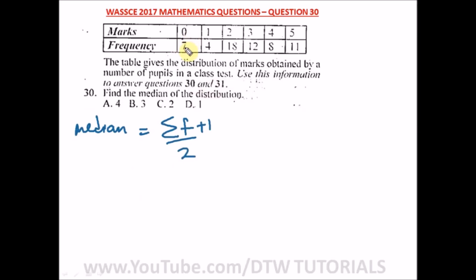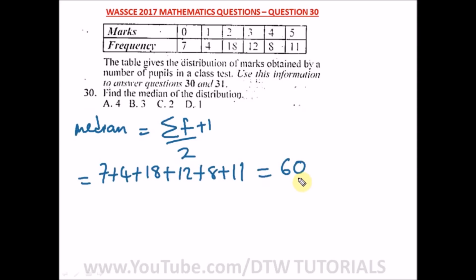All right, so let's add up our frequency. We have 7 plus 4 plus 18 plus 2 plus 12 plus 8 plus 11. When you punch in your calculator, you're going to get 60. So 60 is even, so no need to add 1. We have 60 divided by 2, and this will give us 30. So our median falls in the 30th position.